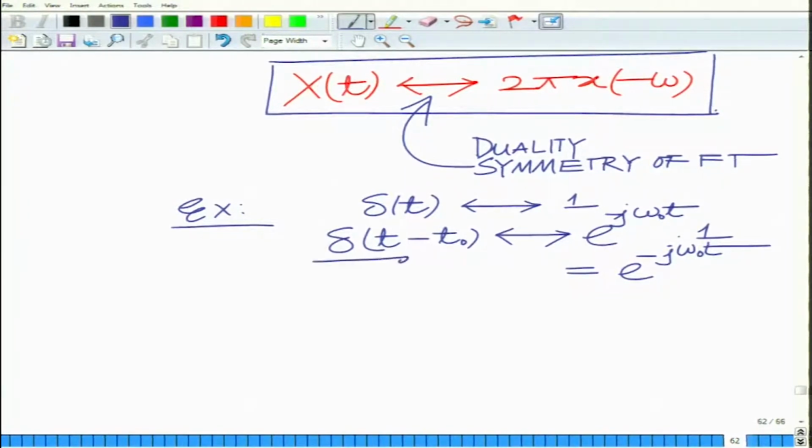Let us call this as your x of t and let us call this as your capital X of omega.